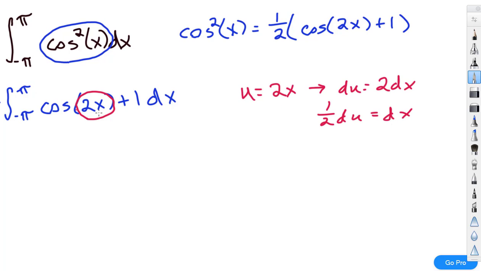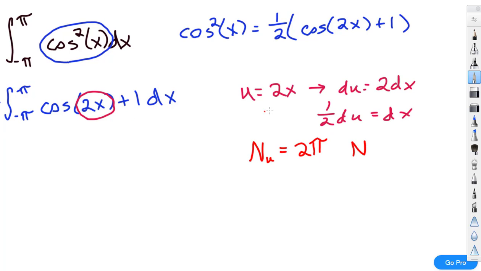Alright, so now what this becomes is, oh wait, I almost did something awful. The something awful I almost did is that I forgot to change my bounds. Okay, I almost really goofed this up, but I didn't, so we're okay. So, my new upper bound, if I take pi and plug it in for this x here, I'm going to get 2 pi for my new upper bound.